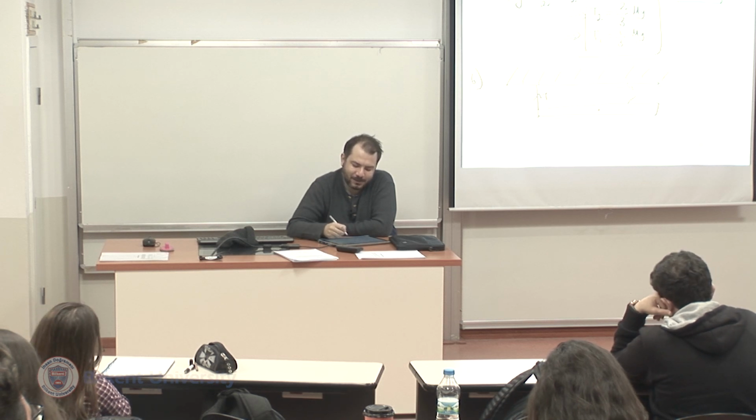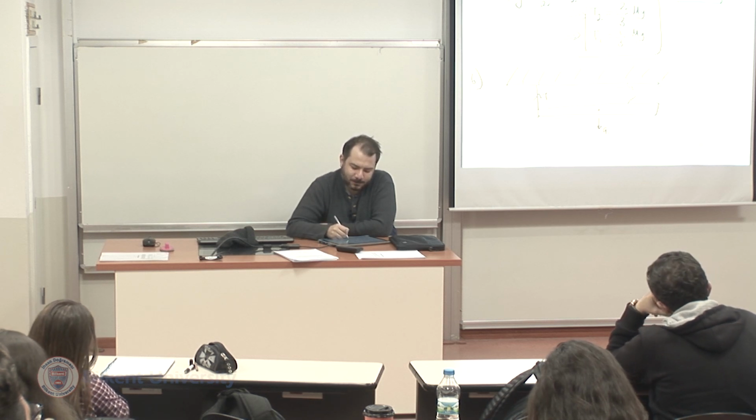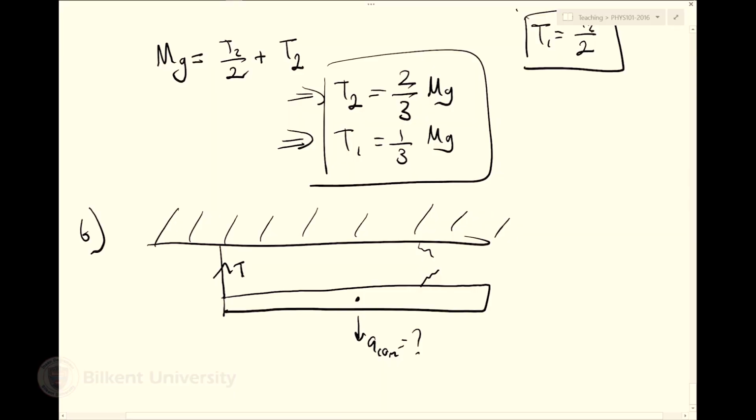I know that there will be an acceleration of the center of mass, but because whichever way you look at the system, there is a torque on this, there must be an angular acceleration, right? How am I going to solve it?